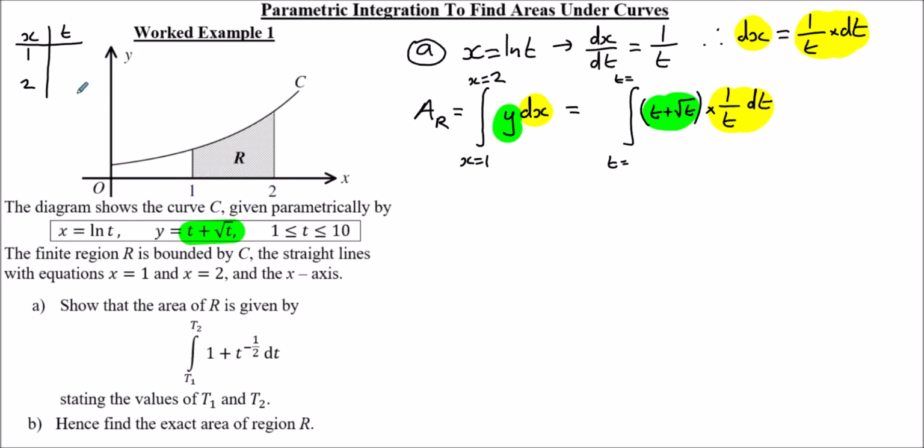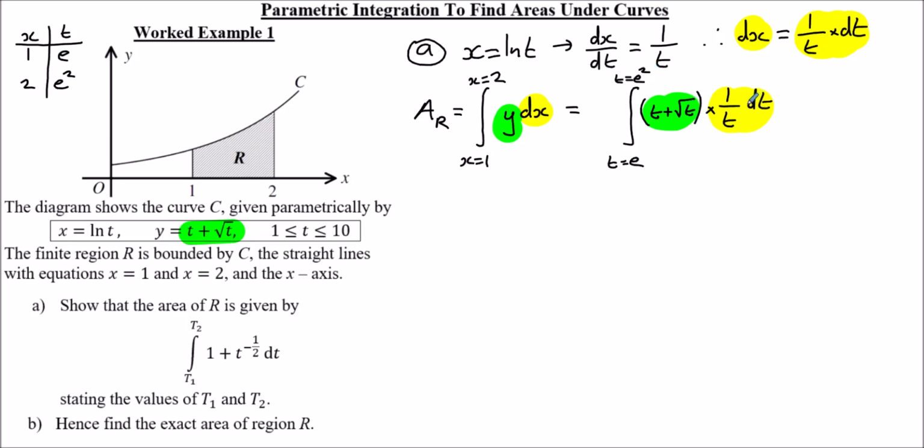And so basically t here must be e, because the natural log of e is 1. And when x is 2, 2 would be ln of e squared. So t must be e squared when x is 2. So the lower limit, 1, corresponds to t being e. The upper limit of 2 for x corresponds to t being e squared.